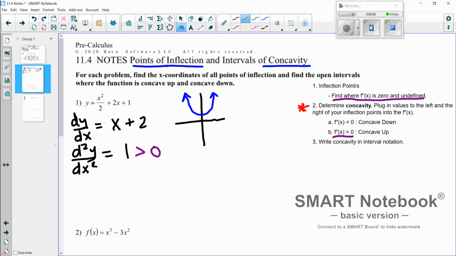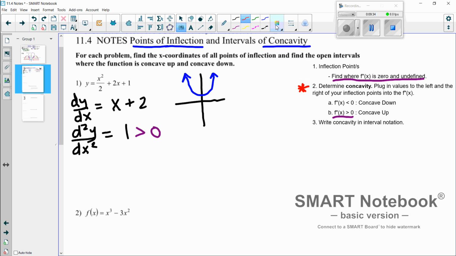So what we want to write then for our final answer, and this is my third step that I have written out here, is write the concavity in interval notation. We're going to write that there's no inflection points. So POI is just none, or NA, whatever you want to write, not applicable.